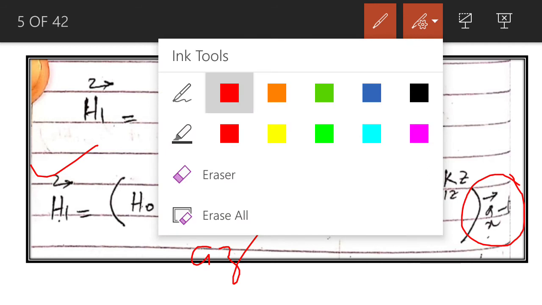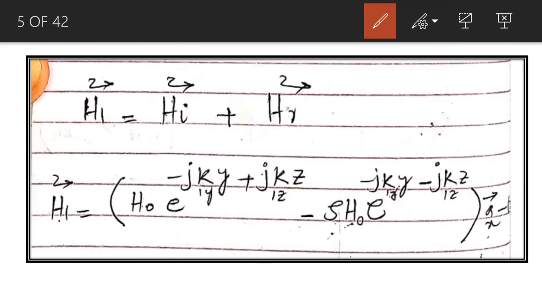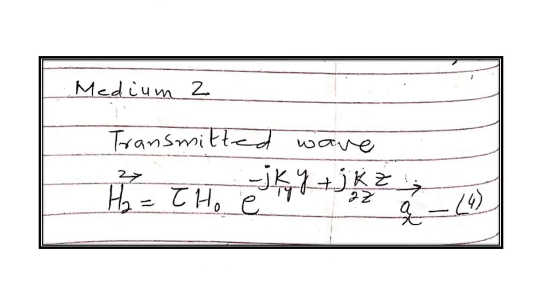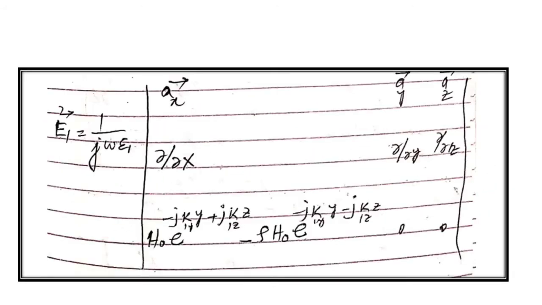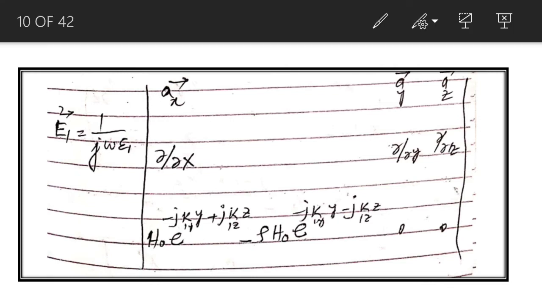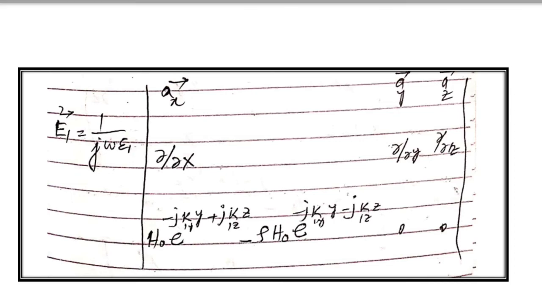So the magnetic field intensity in medium number 1 has only one component, that is the x component. So here is the x component of H1, the y component of H1 is 0, and the z component of H1 is 0.